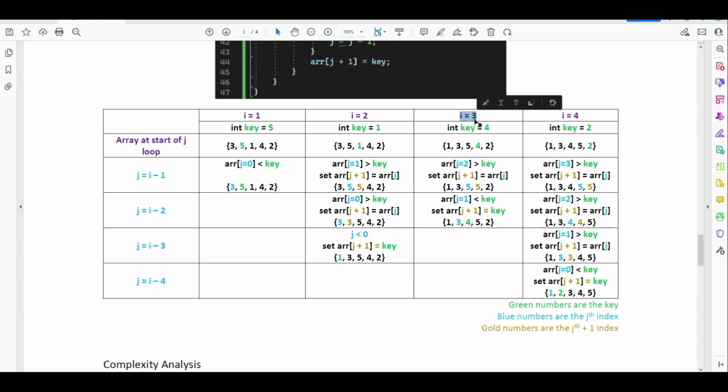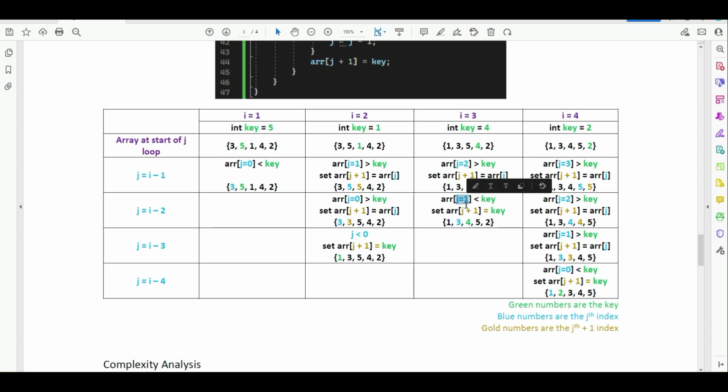So now we're at i equals 3, so the key is 4. Remember, this is the third element right here, and we're setting our key equal to that. When we have j equals 2, this is greater than the key. So this 5 right here is greater than our key, which is 4. So we set j plus 1 equal to j, setting it equal to that 5 right there.